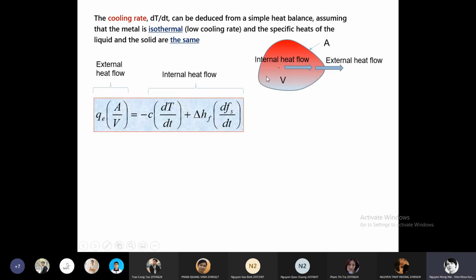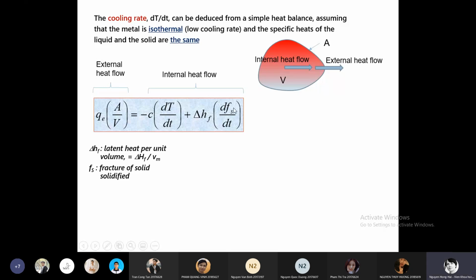And we have A here. This is the surface of the component, and V the volume. We have delta S, C is the specific heat, T the temperature, and this small t is the time. Delta S_F is the latent heat per unit volume, per molar volume.